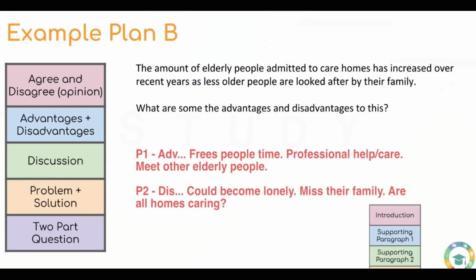Now, the question doesn't ask to give an opinion, so in your conclusion you can quickly summarise all of your essay, and there'll be more on this later in the course. Again, I've stuck to 3 main points for each supporting paragraph. That way I have enough to write about when it comes to creating my essay.